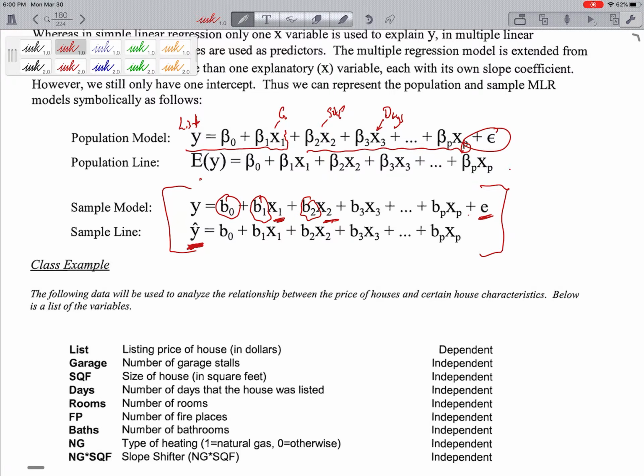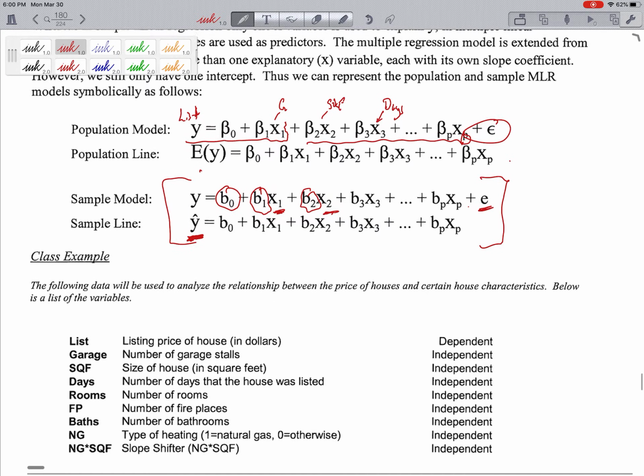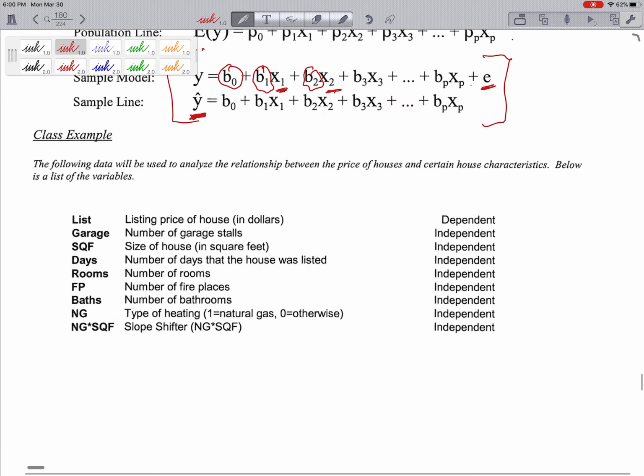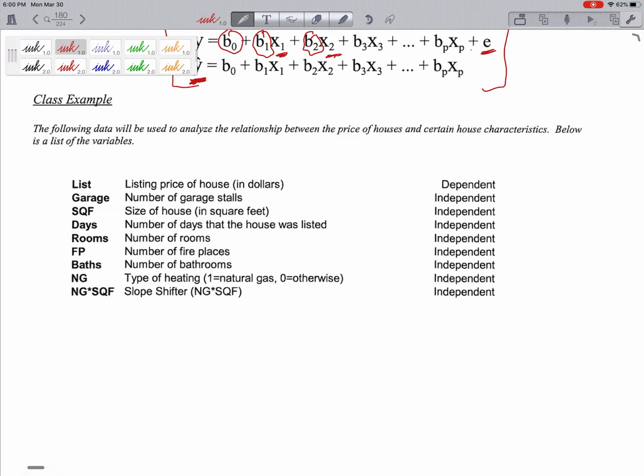Of course, you really can't even visualize this beyond a couple of variables. But nevertheless, it's really multidimensional if you were to graph it. Each variable has its own coefficient, or its weighting, and we'll see how that works in terms of how the x's explain the y's.